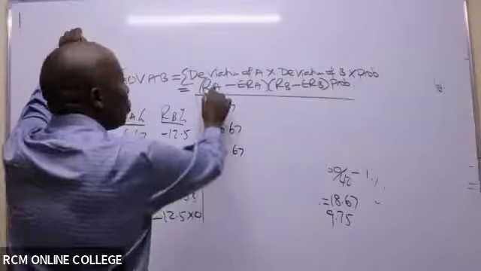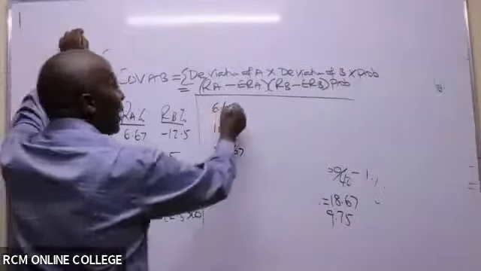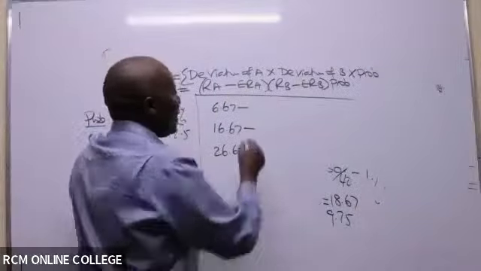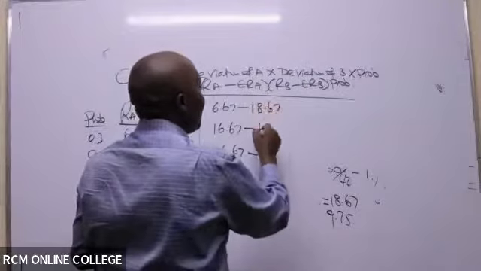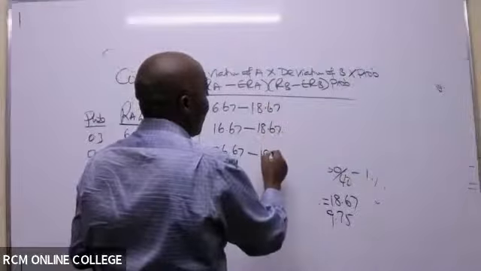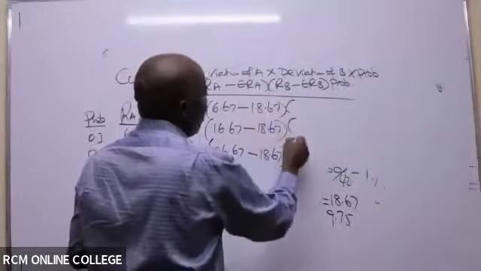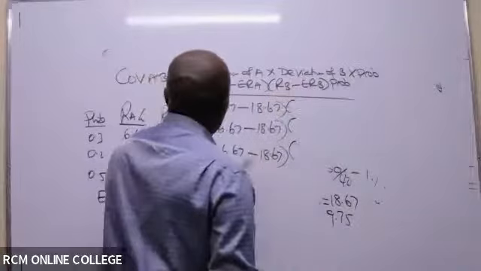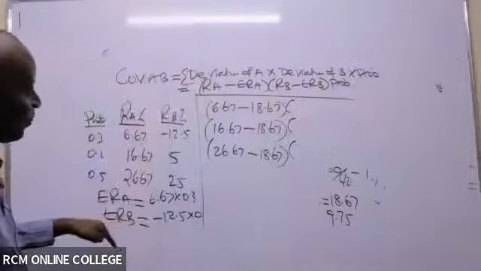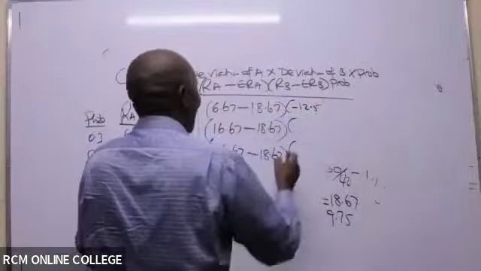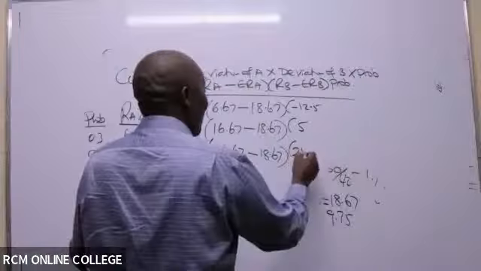You pick the actual returns of A, minus the expected returns of A, which is 18.67, 18.67, 18.67, 18.67. Then you open brackets and follow the actuals of B, which are these ones: minus 12.5, 5, 25.